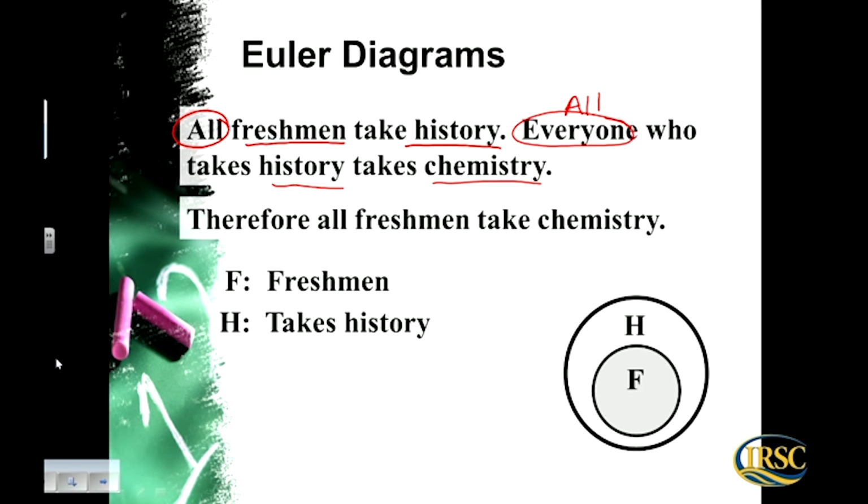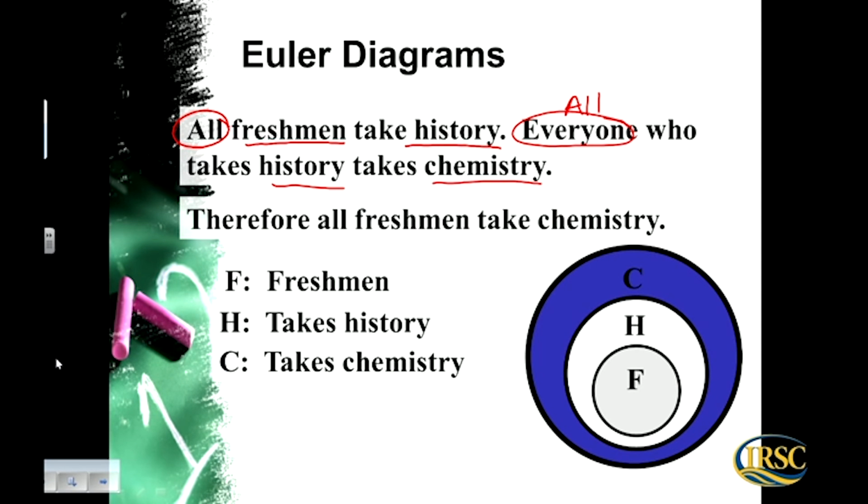Now, we already have a circle for history, so now we need to make another circle for chemistry. And where do we need to place that circle? Around the history, right, because history has to go inside of chemistry. So we only had one choice there.